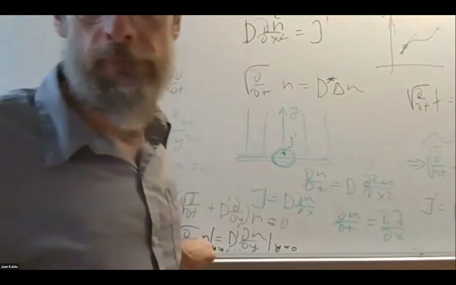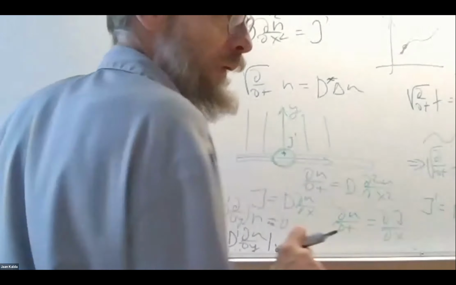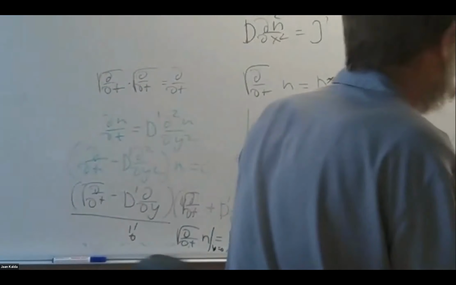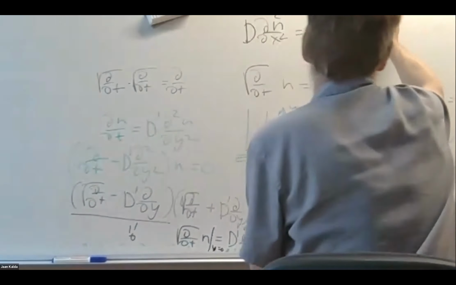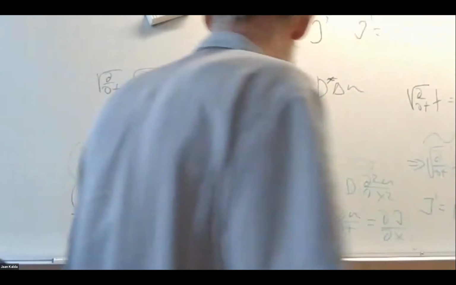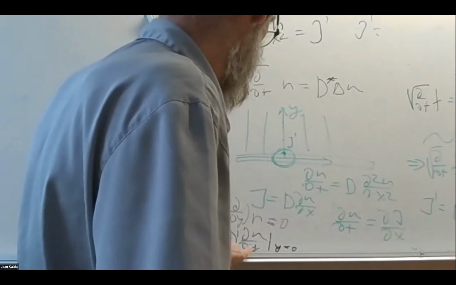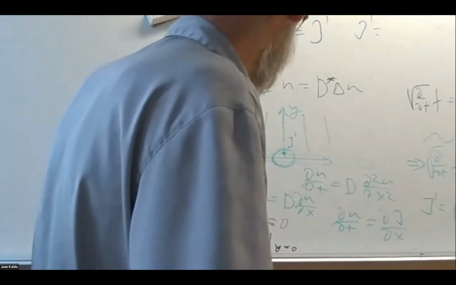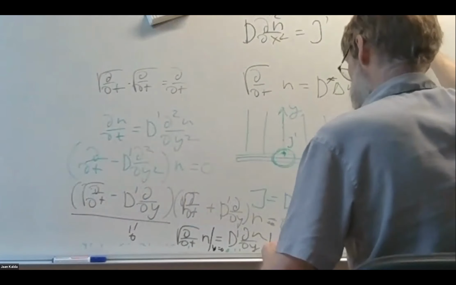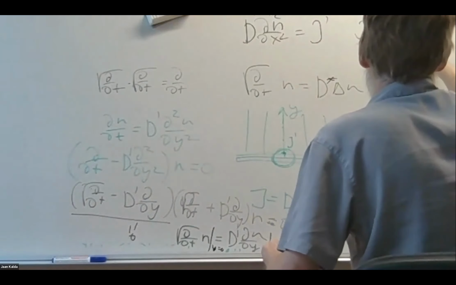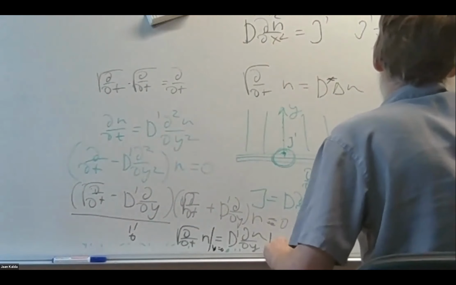So j prime equals what? J prime equals d prime dn over dy at y equals 0.